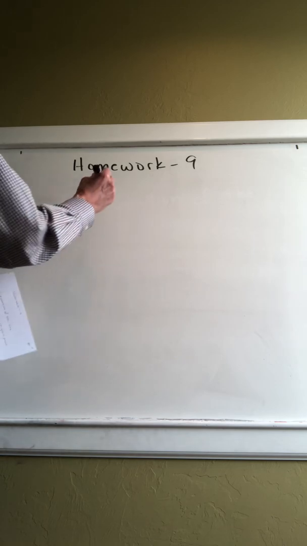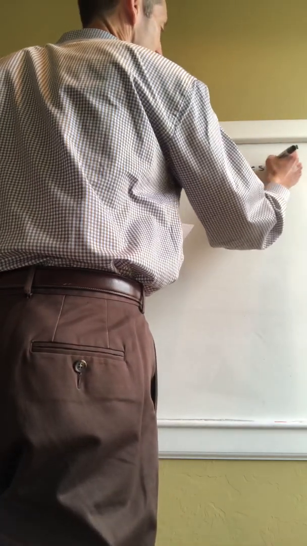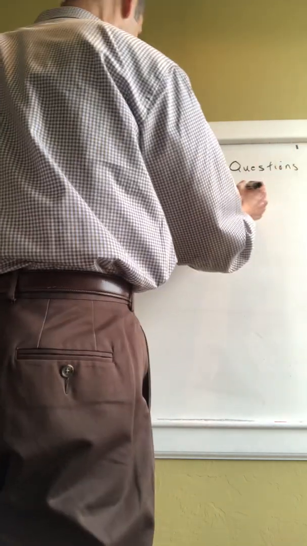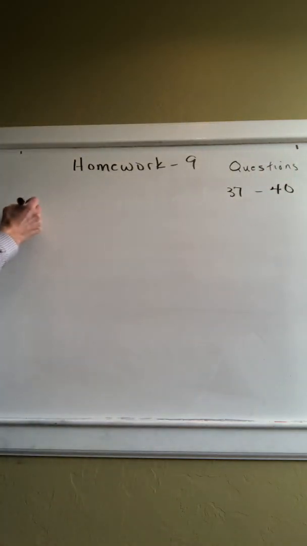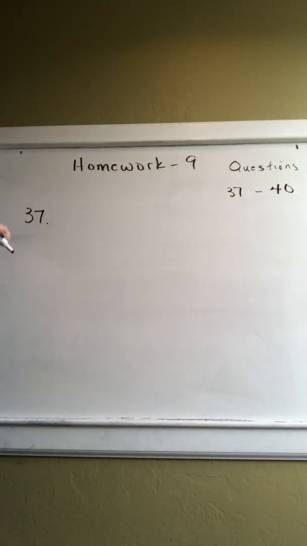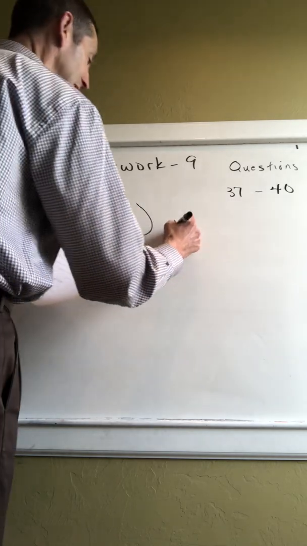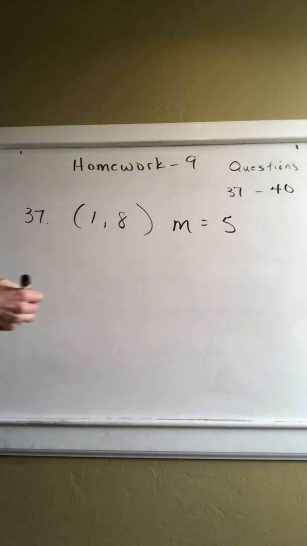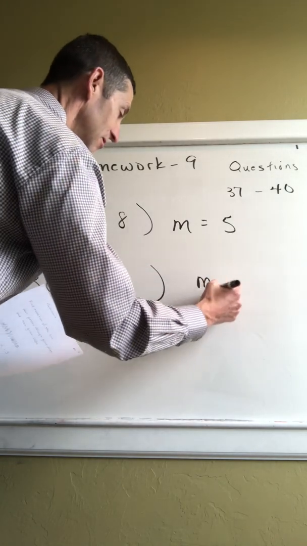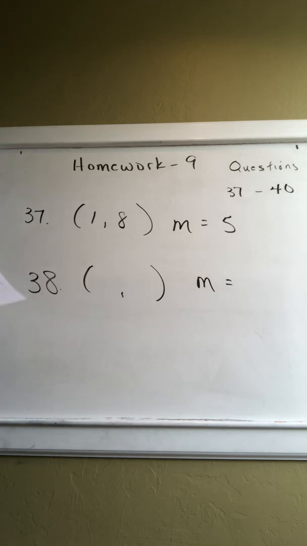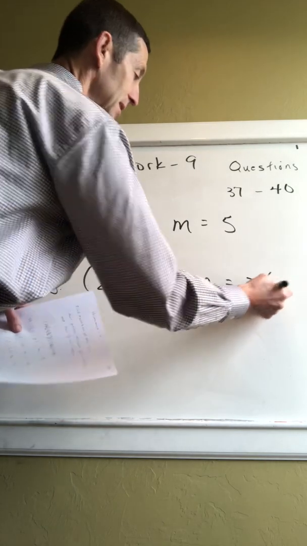What do we got here? So homework 9 is going to be questions 37 through 40. So let's get them on there for you. Here's 37. There's your point, there's your slope: (2, -10), m equals -6.